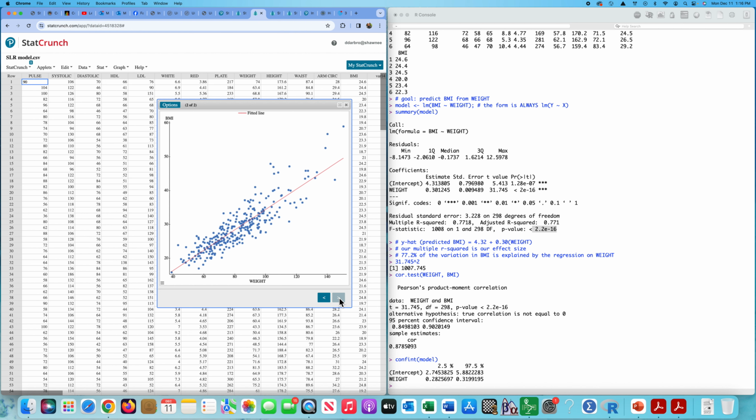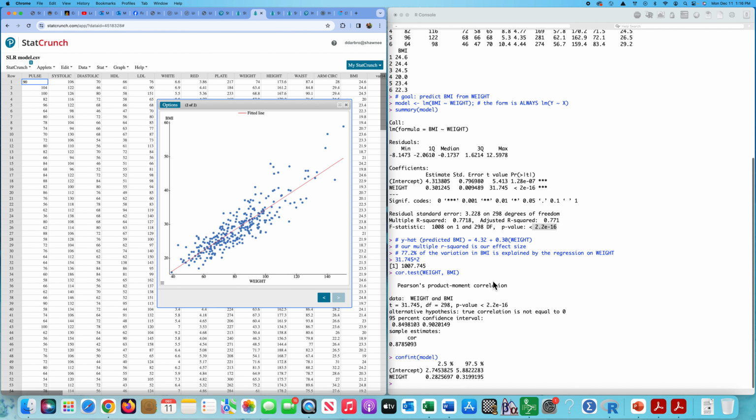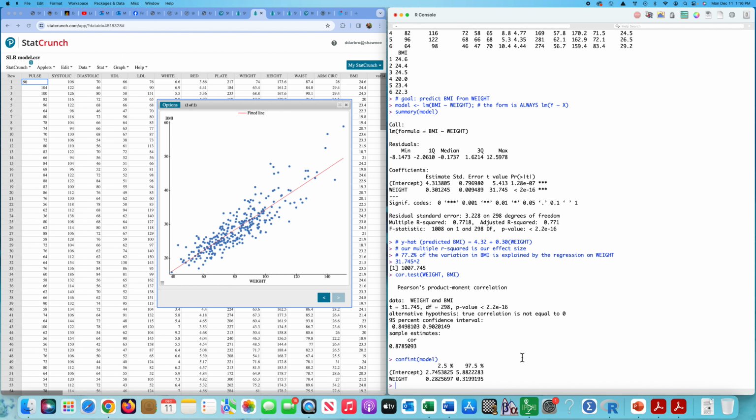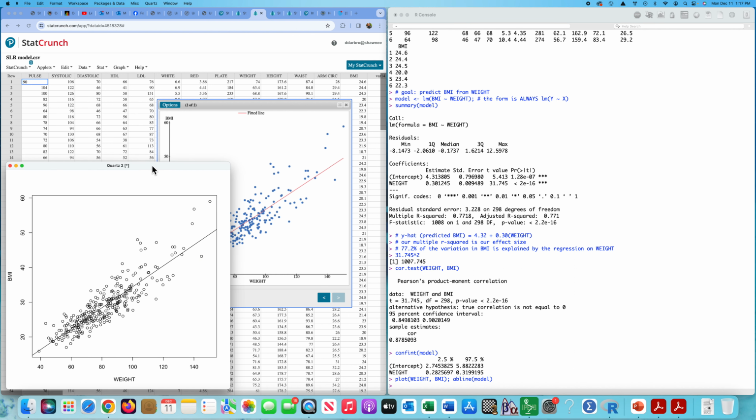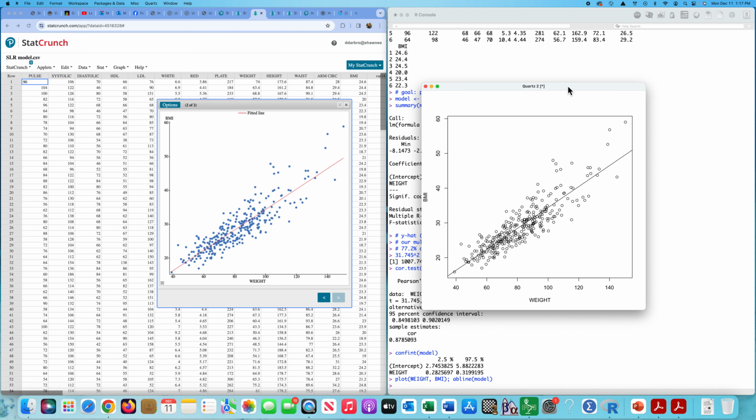Next, we actually get a scatter plot of our model. So I can do that over here. I can just do a plot of weight over BMI, and I can create what's called the AB line of the model. So the counterpart in R to what we get in StatCrunch is accomplished with this command.